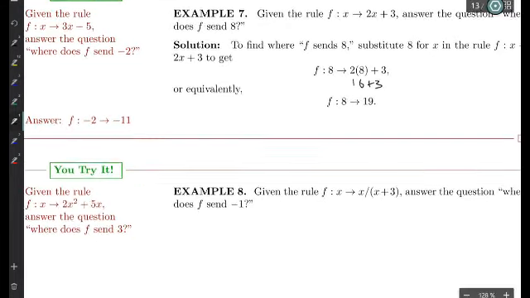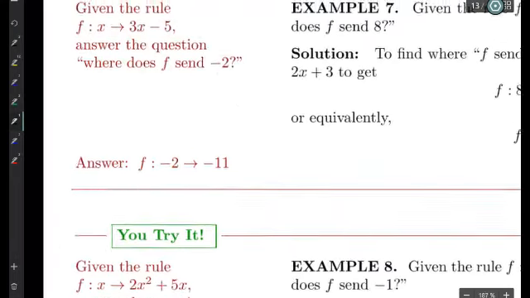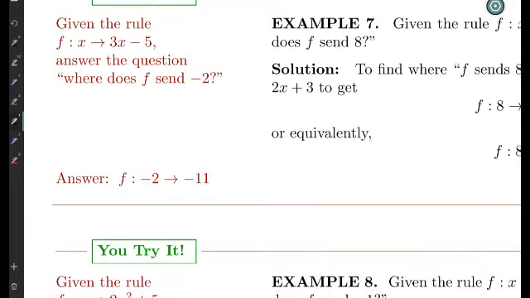So suppose we have f, and it sends x to 3x minus 5. So where would it send negative 2?